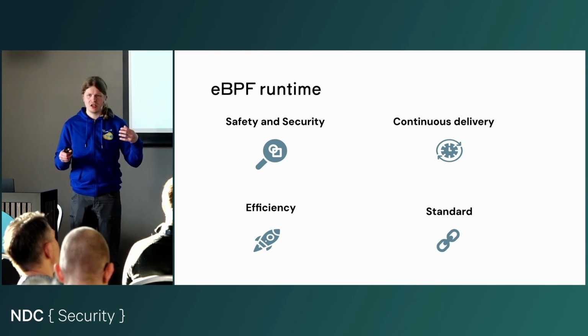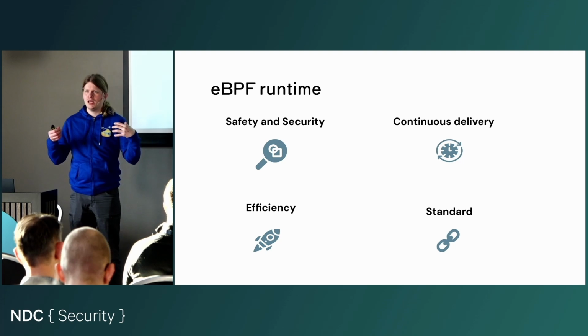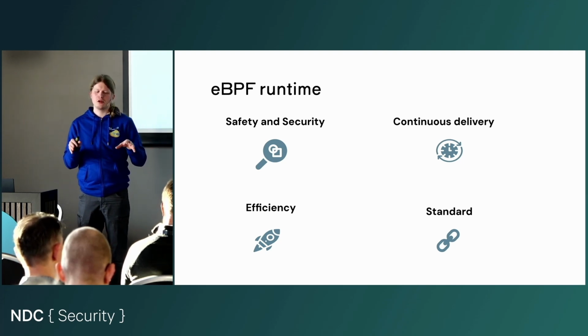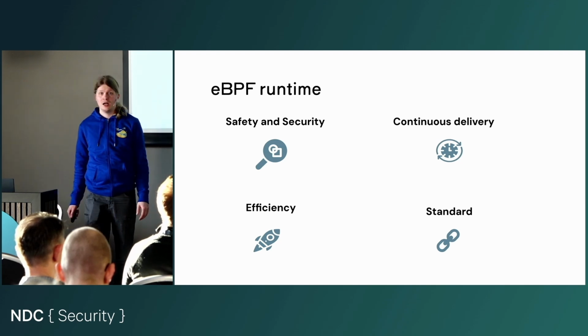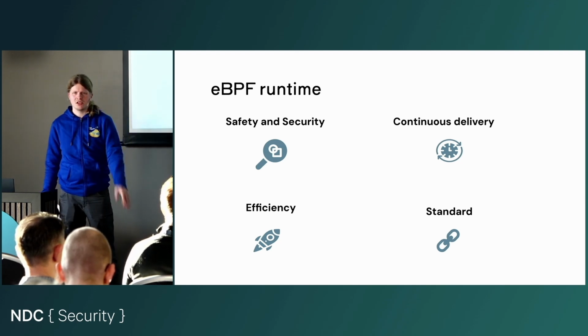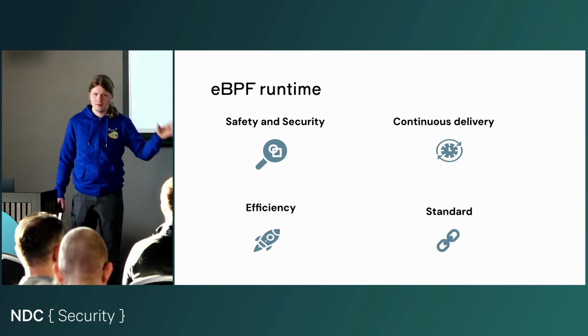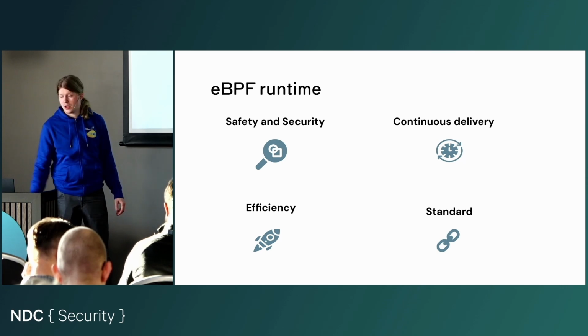So the eBPF runtime is standardized. We have relatively stable interfaces, so we can write our programs and be sure that they probably run in the next Linux kernel too. That's pretty nice, and it allows us to do this also in small teams. So this is technology that many of the new security vendors use, because it's pretty cool.